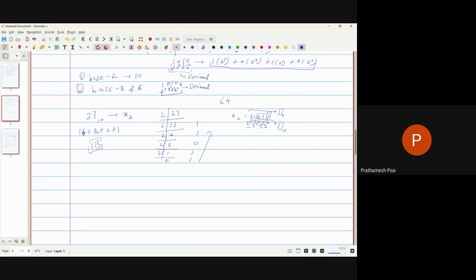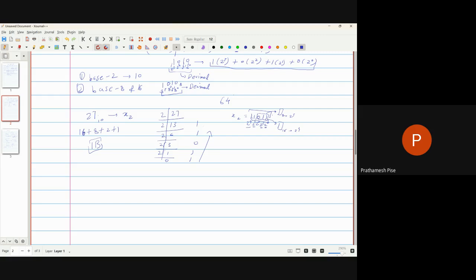We group the bits in 3s or 4s and convert them directly. Just notice this is 2 cubed and this is 2 raised to the 4. This is the reason we use base 8 and base 16 extensively and no base 3 or base 5. You got the answer? Yes, sir.